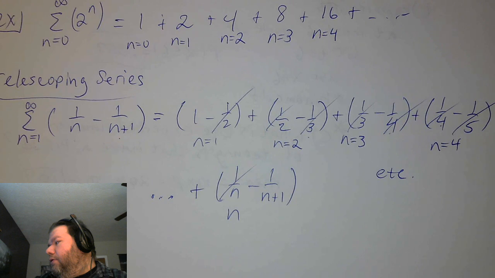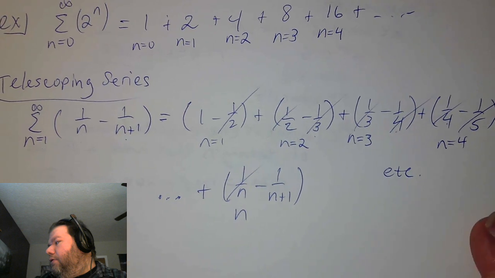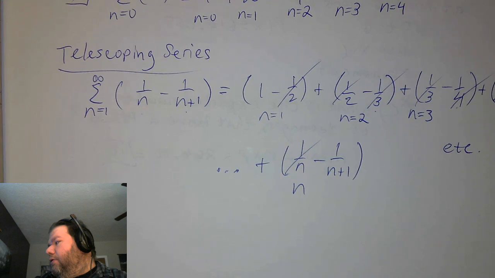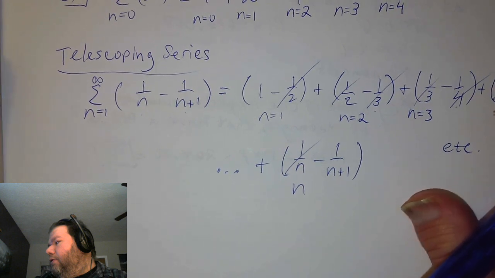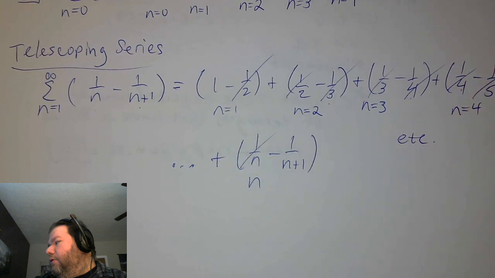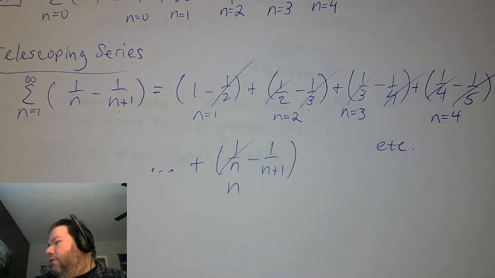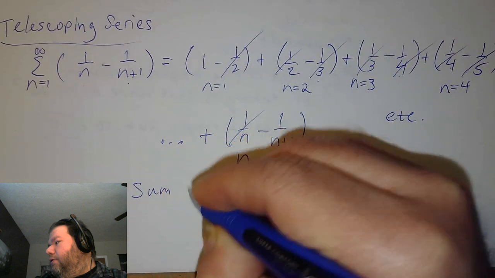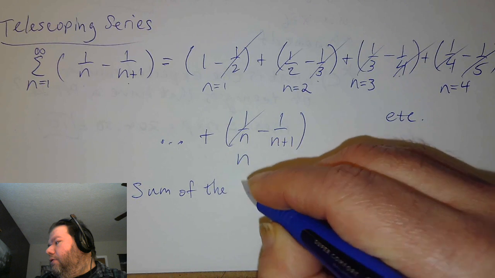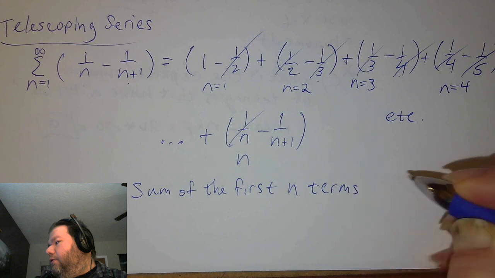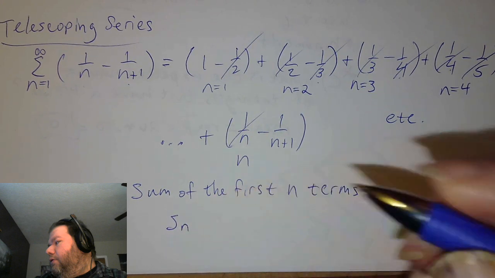Now this concept that we're looking at right here is what we call a partial sum. This concept is a partial sum, and the idea is that we look at the sum of the first n terms, and we call it S sub n.